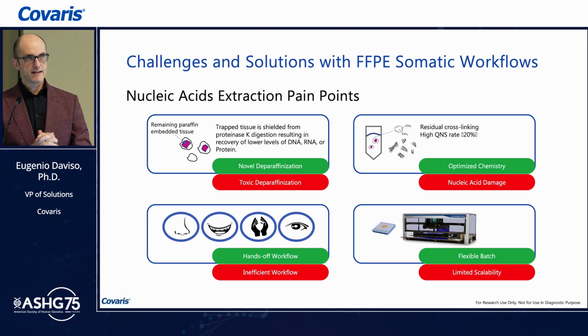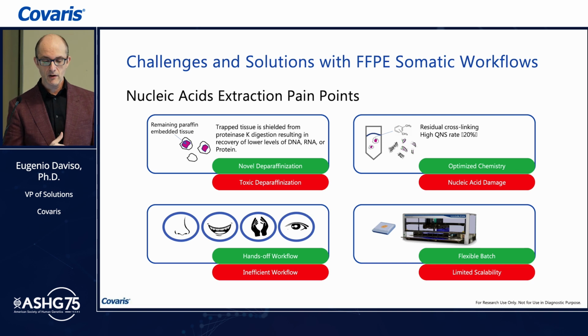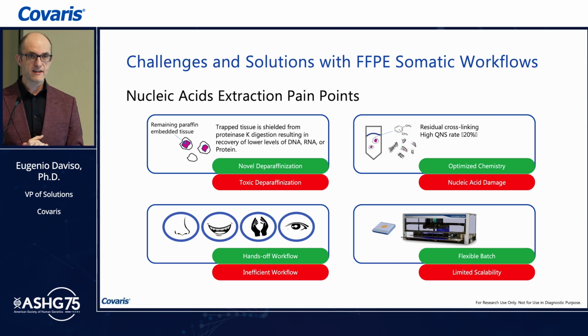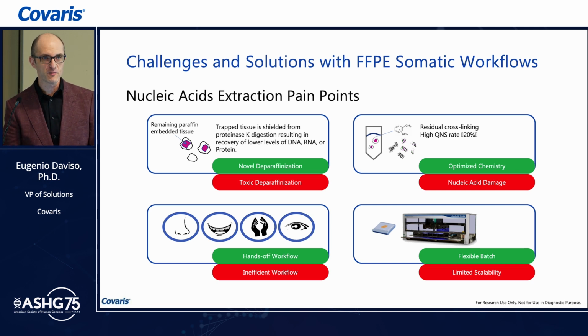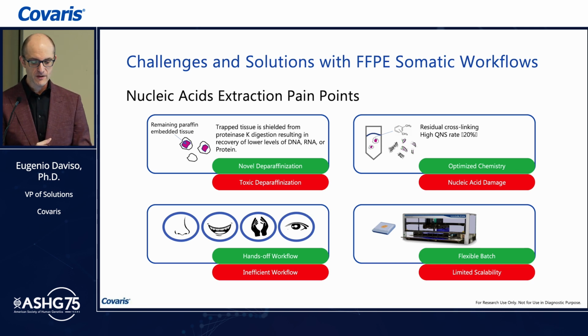FFPE was invented by Blum in 1893 and has been used since then by pathologists to preserve tissue. Back then, I don't think there was a lot of thinking about also preserving biomolecules, but that's what is used in comprehensive genomic profiling workflows, and it has a lot of challenges.